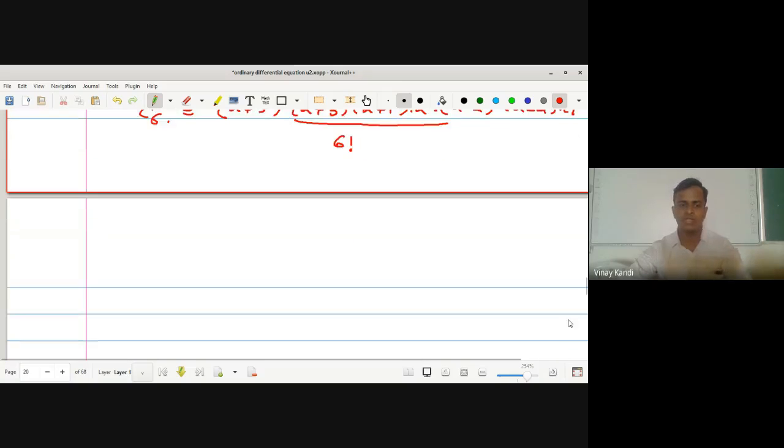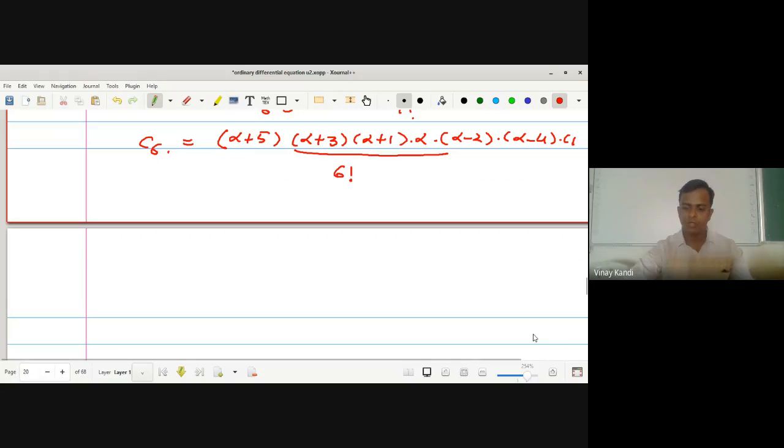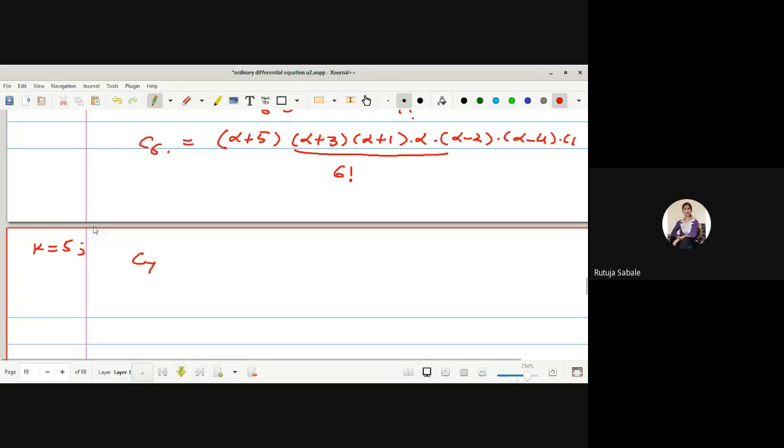Okay, similarly for C7. For k is equal to 5, we get what we get? C6 पॉझिटिव्ह येतो का निगेटिव्ह येतो? चेक करा. निगेटिव्ह येते सर. निगेटिव्ह येतोय, मायनस साइन येतोय.